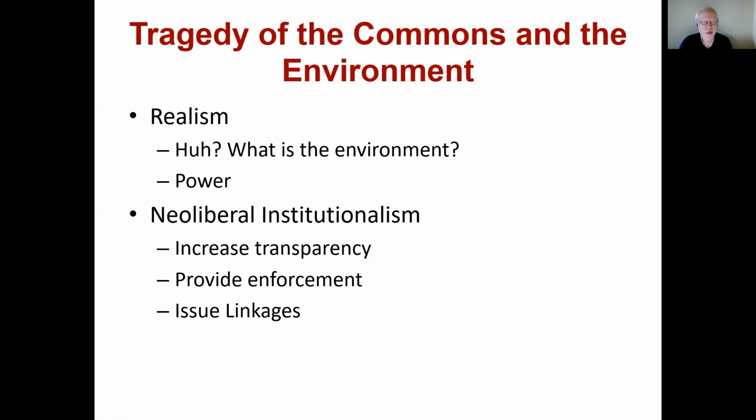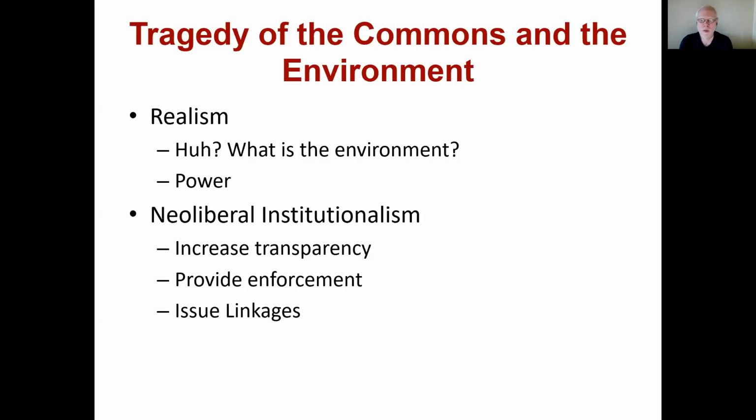So how do different theories relate to this? The realism one's a little bit of a simplification, but particularly earlier, not entirely inaccurate. So realism, what's the environment? Particularly earlier when the environment started raising as an issue, and still to a certain extent, realism would not have put the environment as a primary concern.